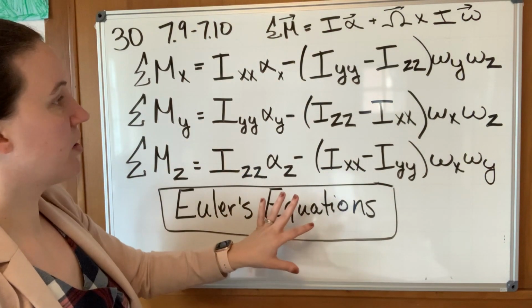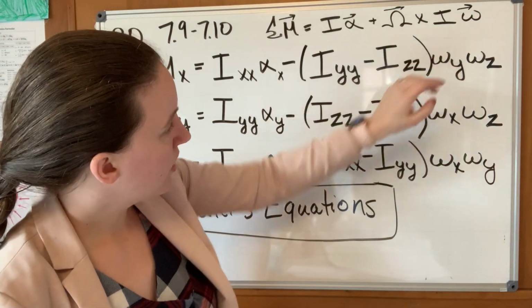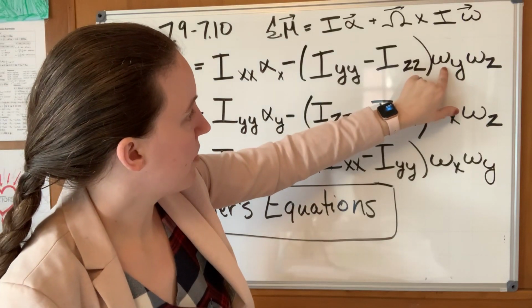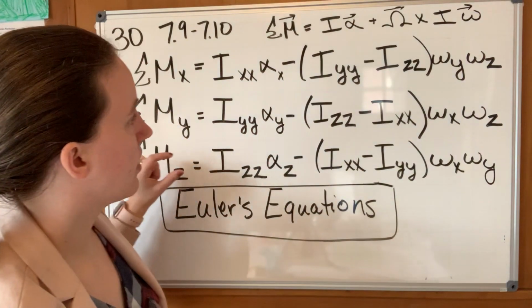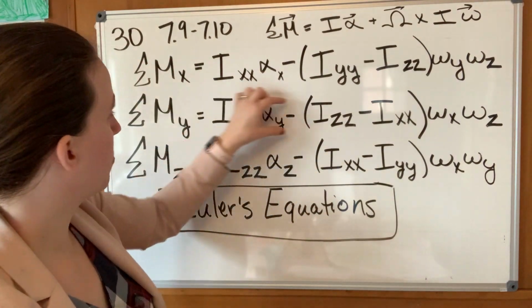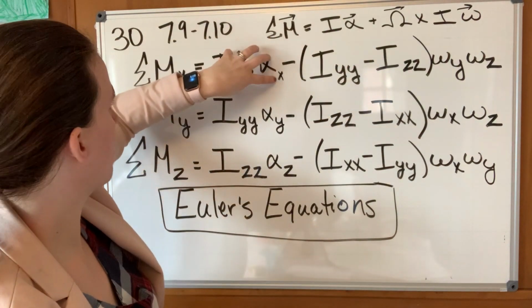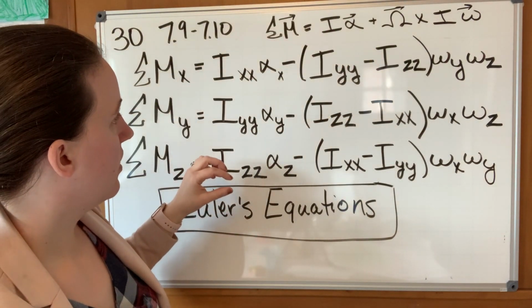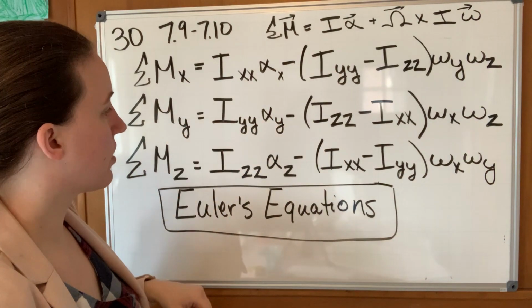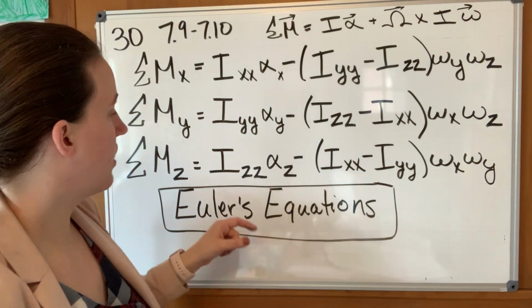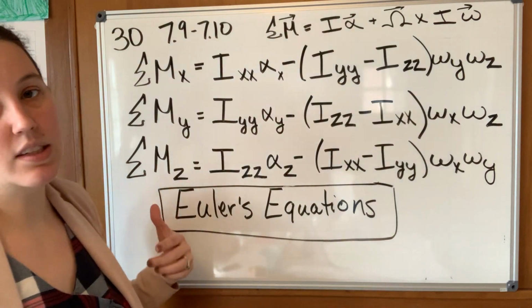Similarly with all these other terms: if this term is 0, then this whole thing zeroes out, and we're just left with this in the x direction. If omega y is 0, then probably alpha is also 0, so we're left with just this for the sum of the moments in the z direction.